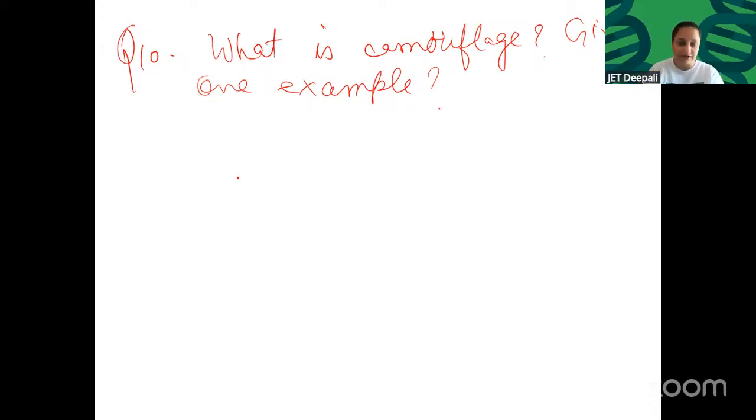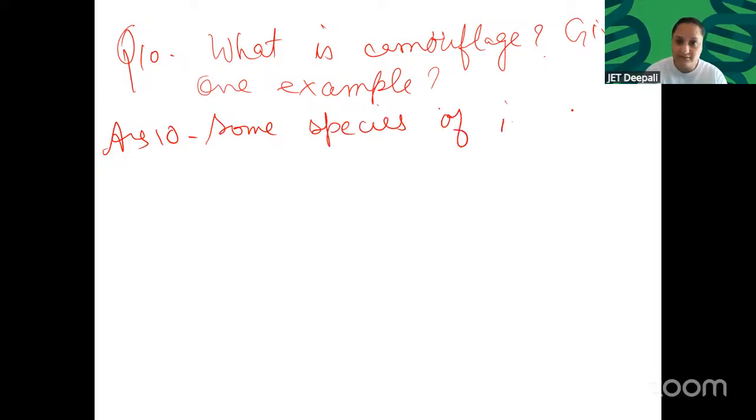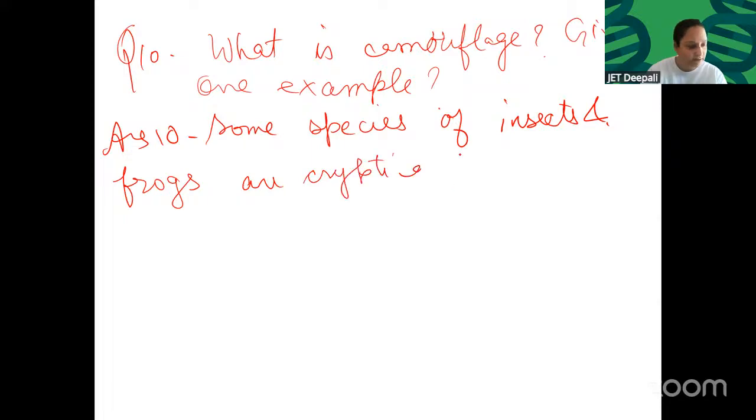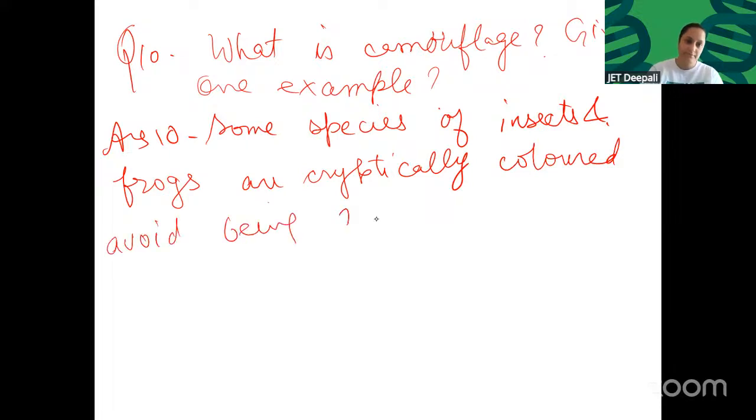This is called camouflage. Now let's write the answer. Some species of insects and frogs are cryptically colored to avoid being detected by predators.